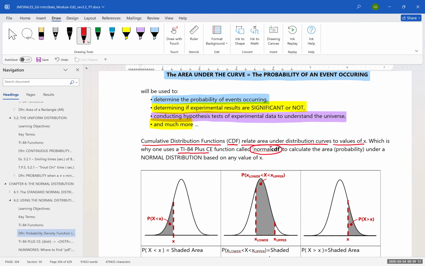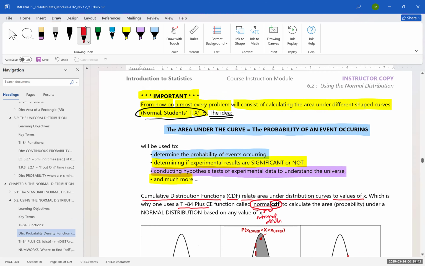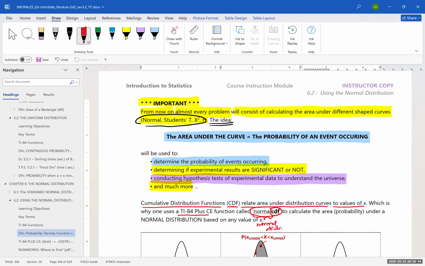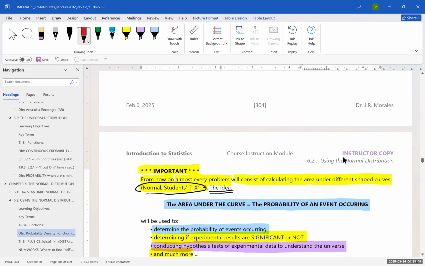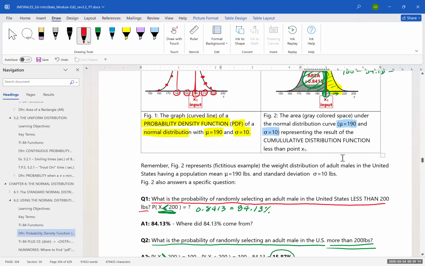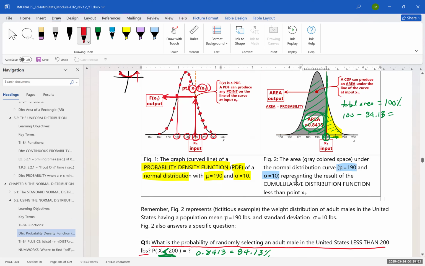Normal, because we're dealing with a normal distribution, and CDF, because we're dealing with a cumulative distribution function. That's a CDF.